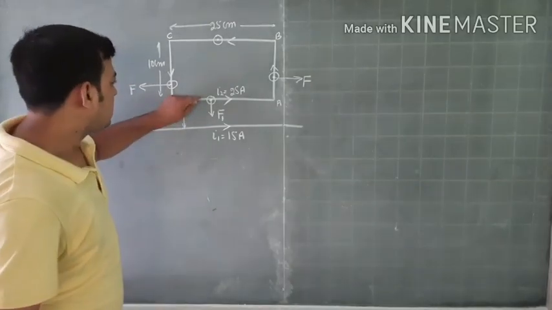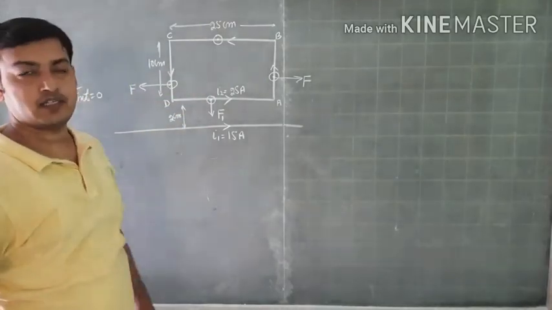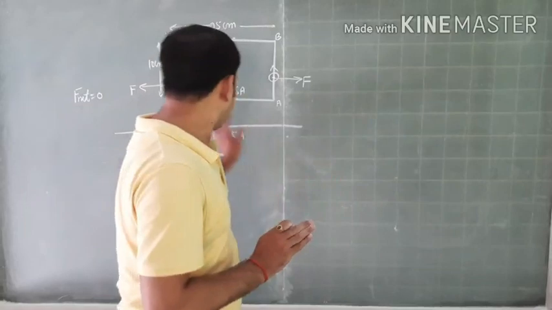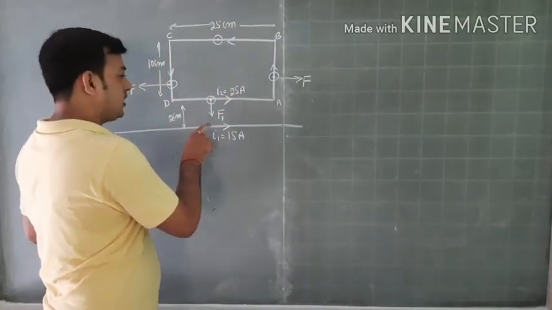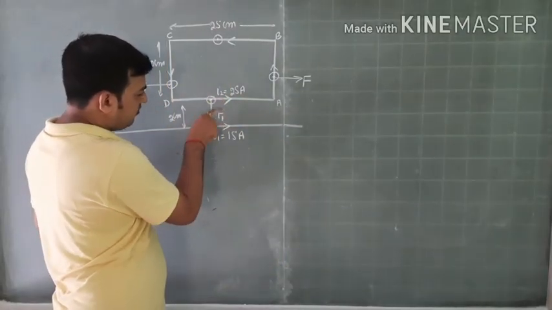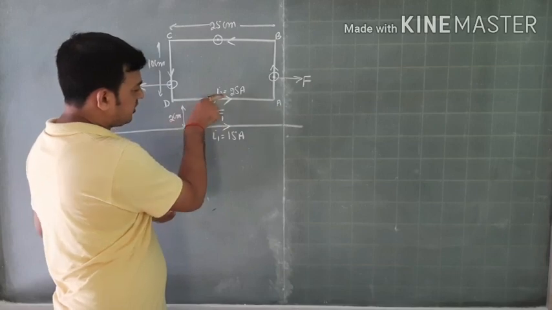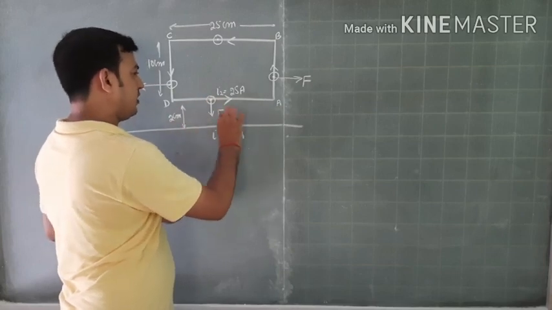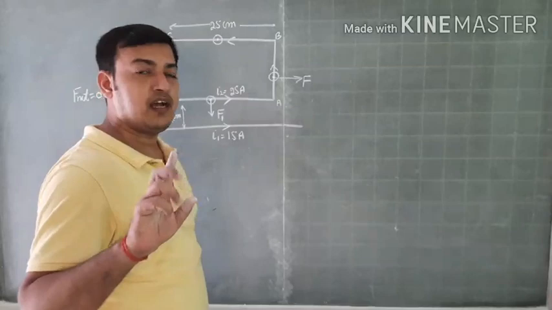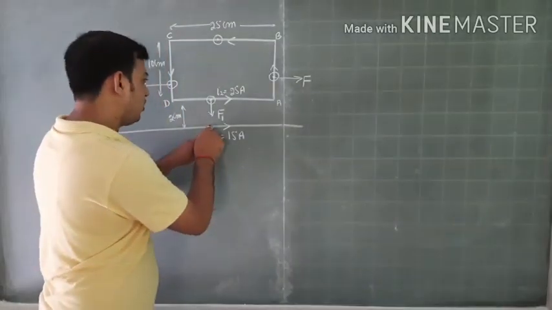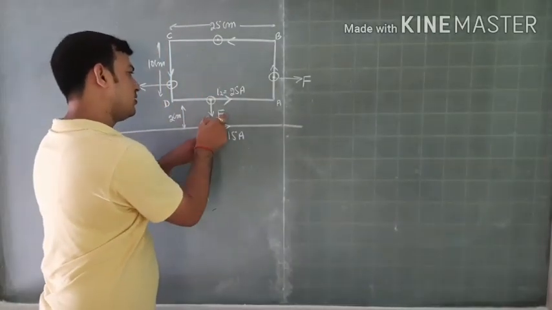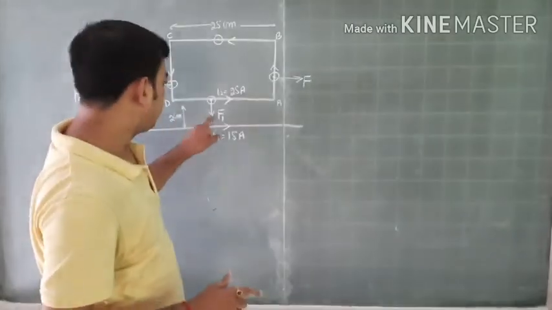So the force on this arm is in the downward direction, and it is very clear that the current in both the wires is in the same direction, and I told you that when the currents are in the same direction, the wires attract each other. It means this wire will attract this wire. By this way also you can find out the force.